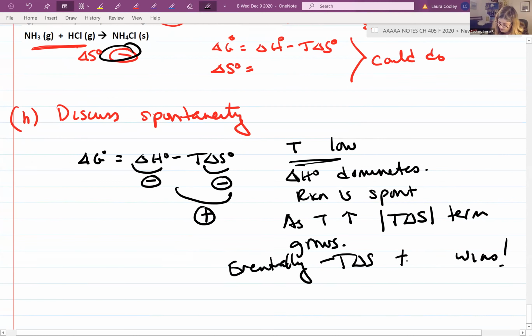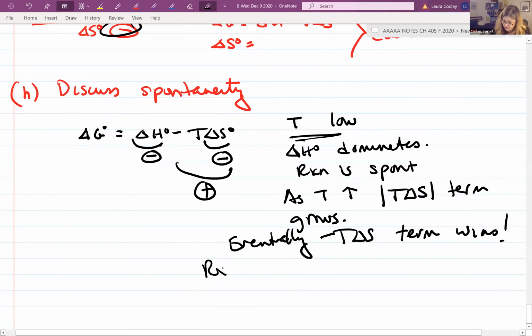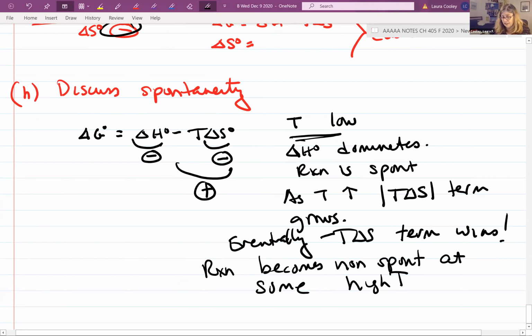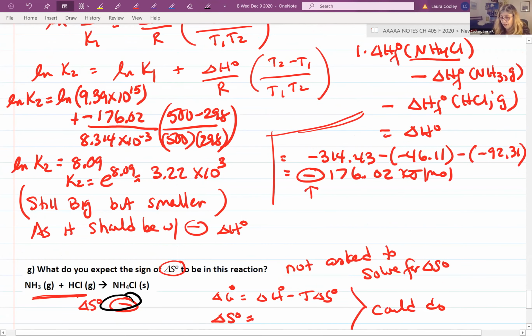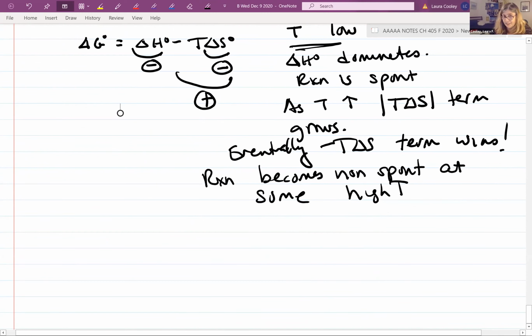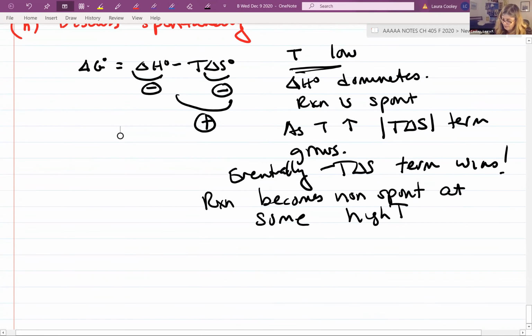Entropy always wins as the temperature goes up, and the reaction becomes non-spontaneous at some high temperature. We haven't seen that yet at the temperature we used. Maybe at 700 or something like that, but not yet at 500.